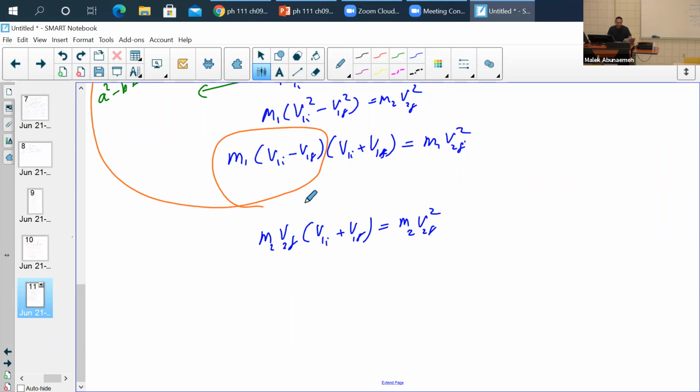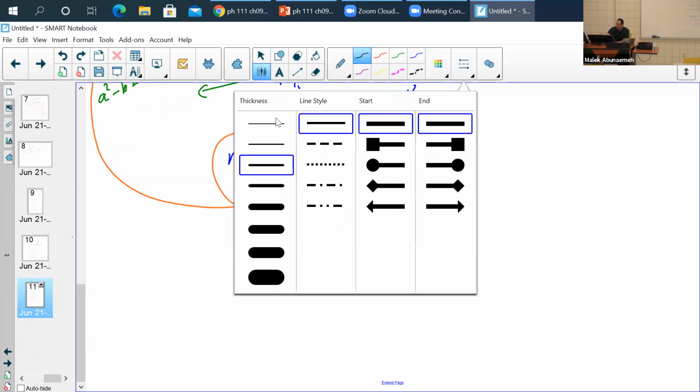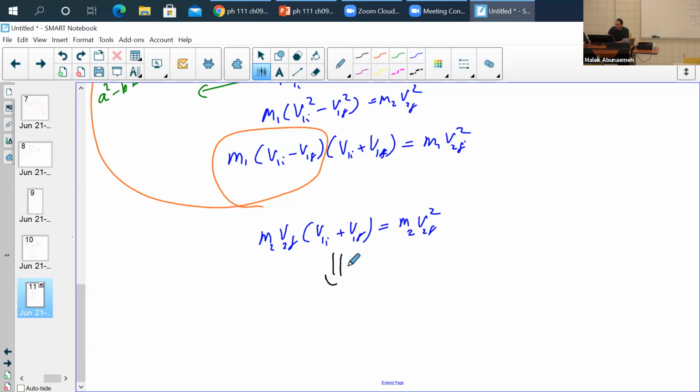Now, solving this equation, if you solve it for V1 final, what you're going to have is M1 minus M2 over M1 plus M2 multiplied by V1 initial.